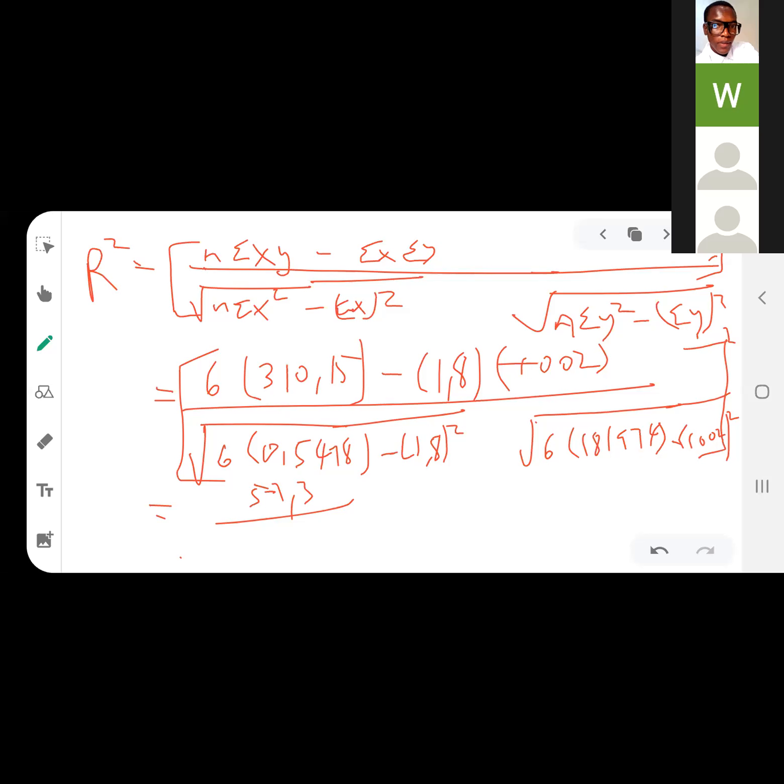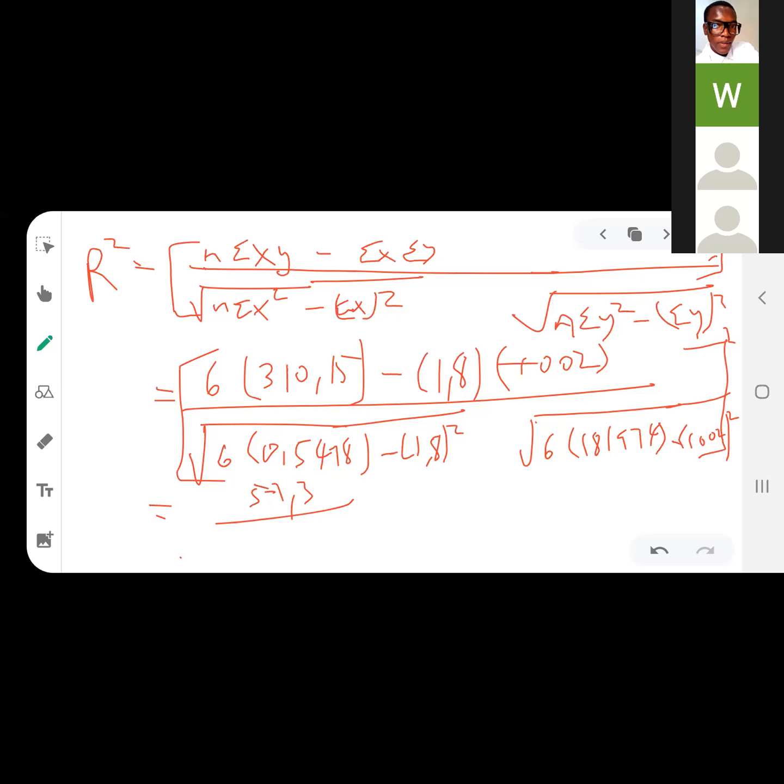No, let's start afresh. You open two brackets, press the square root, then 6, open the bracket, 0.5478, close the bracket, minus 1.8, close the bracket, and introduce the square.